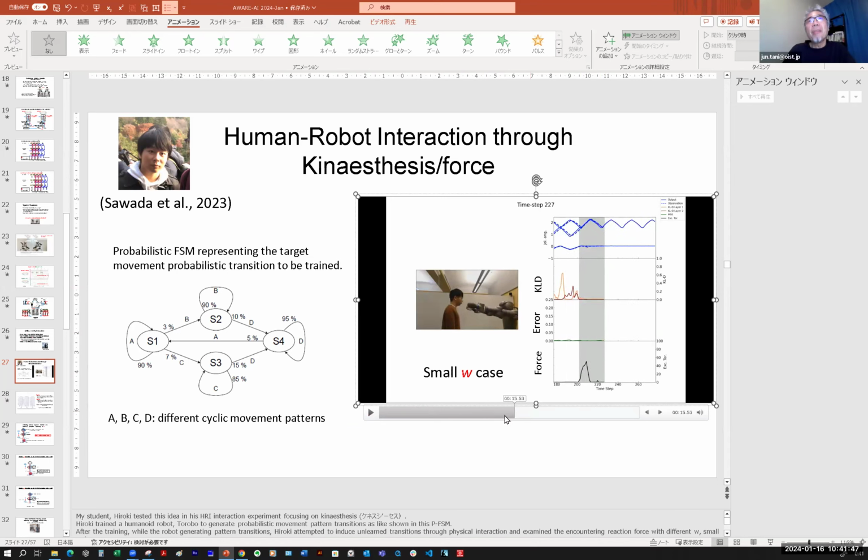It's not so clear, I'm sorry. When he starts to interact, the reaction force goes up, and the KLD divergence becomes larger. Then you see the pattern switch to another pattern. So that is the kind of thing he experimented with.